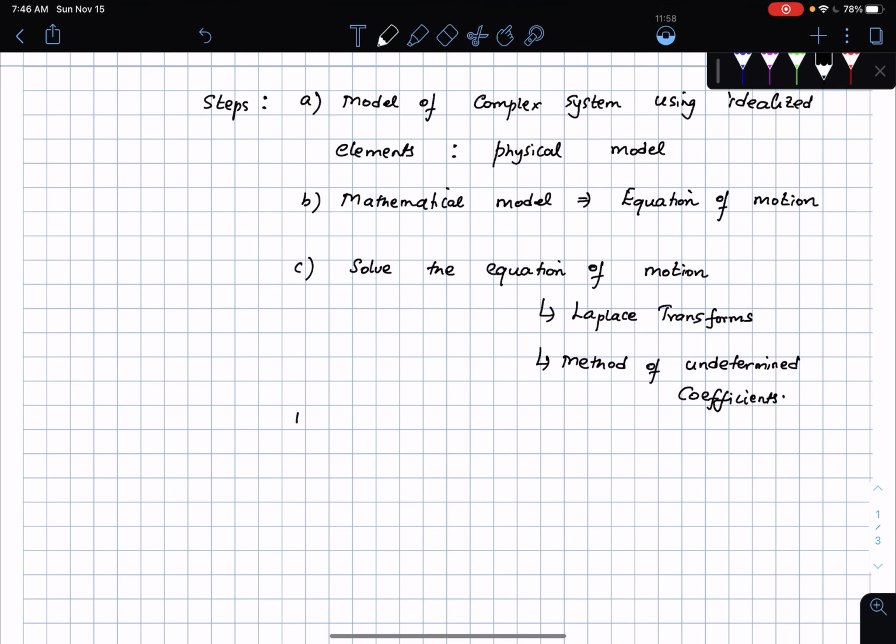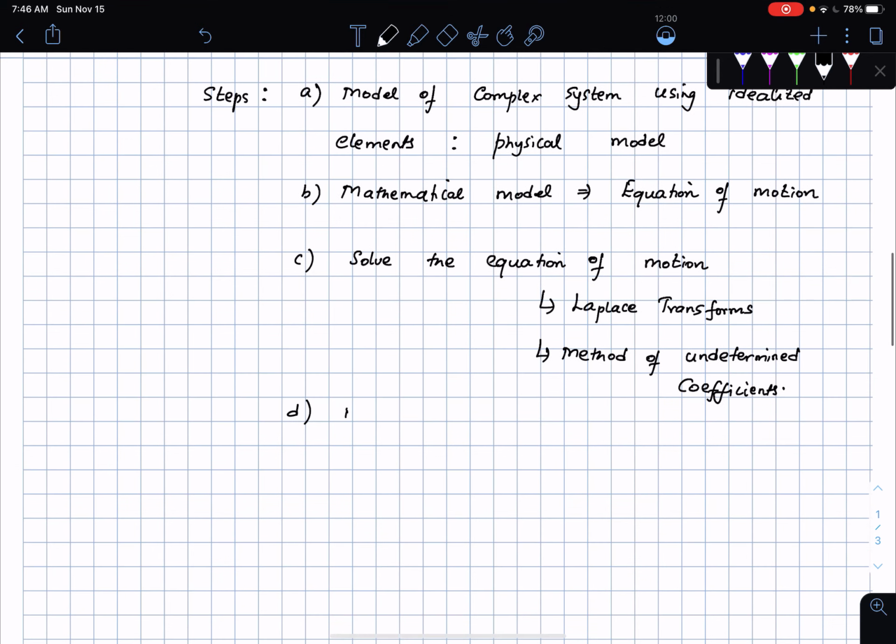Once you solve the equation of motion, you analyze the results. Okay, this can tell you about the behavior of the system. This can tell about the stability of the system. So perhaps you can also want to call this a stability analysis.